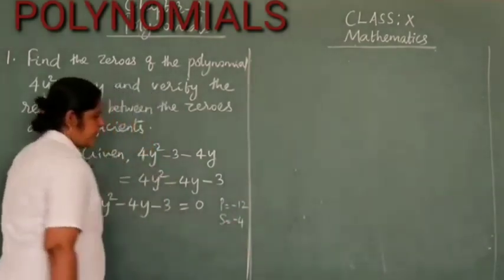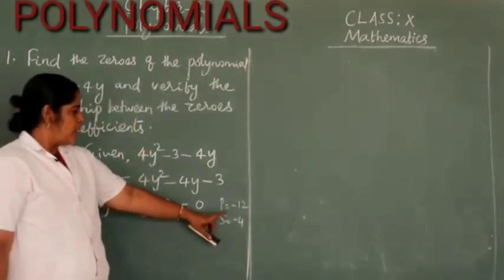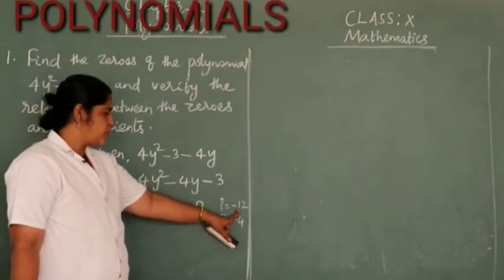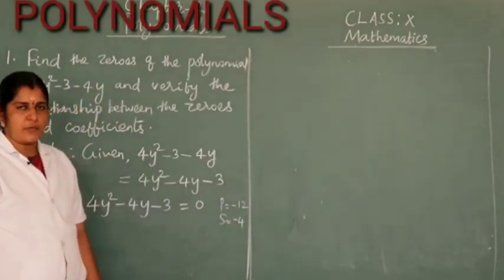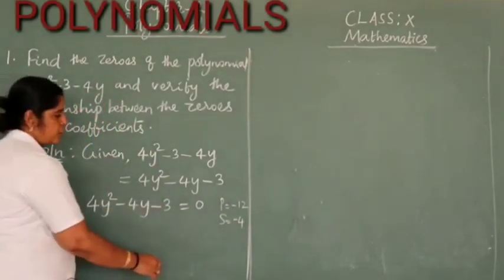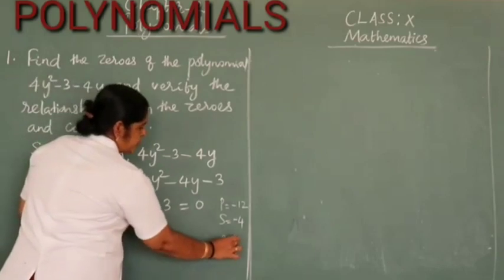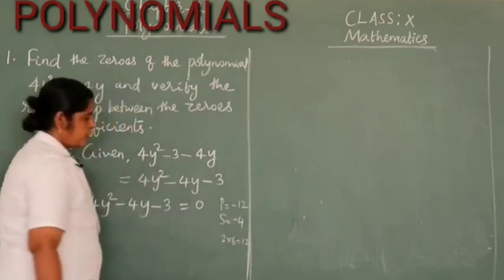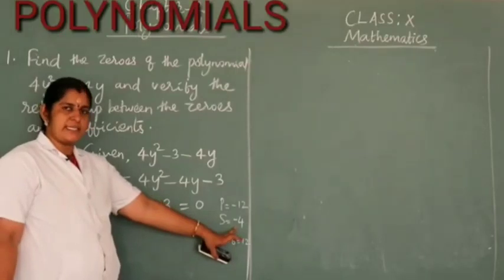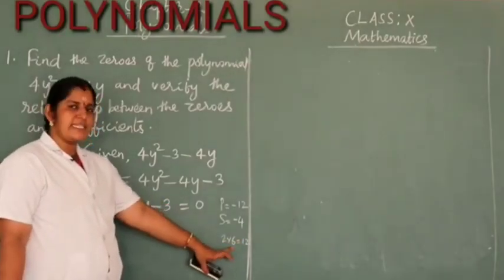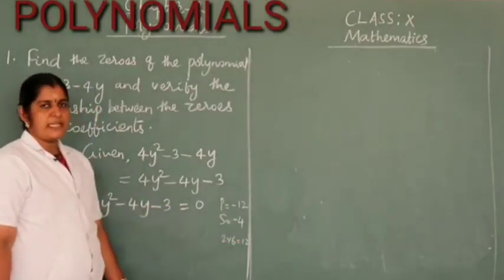So what are the two numbers that will give you product minus 12 and sum minus 4? Product 12 means you know that 2 6 are 12. So to get minus 4 as the sum, we need to take minus 6 and plus 2.